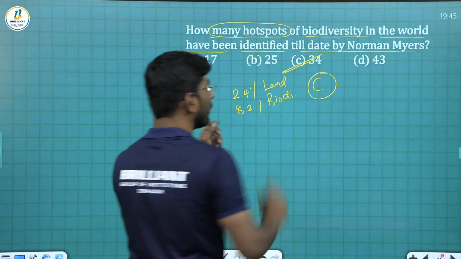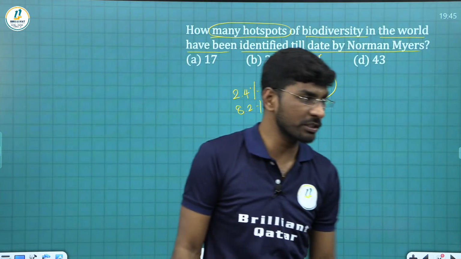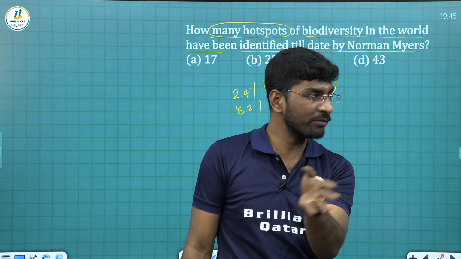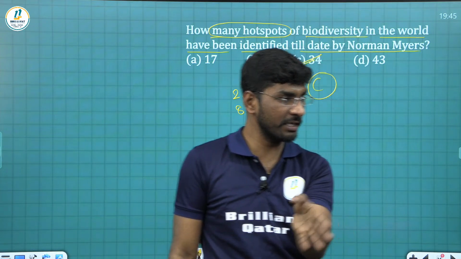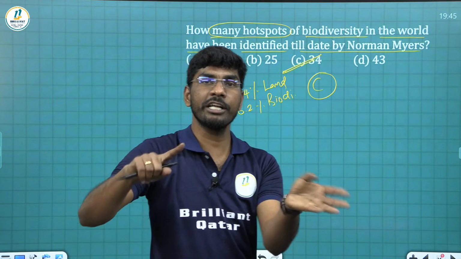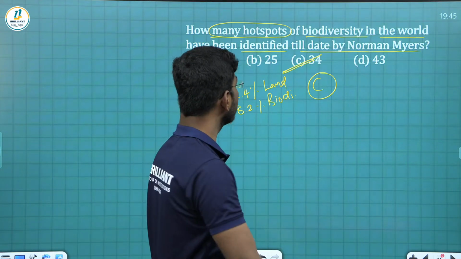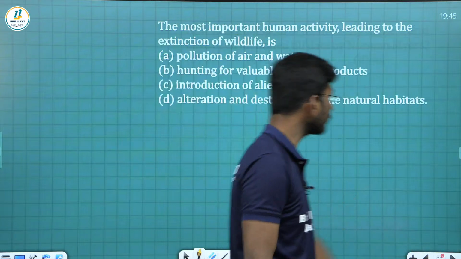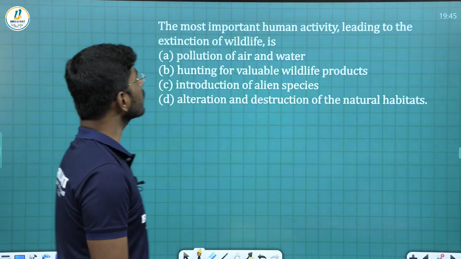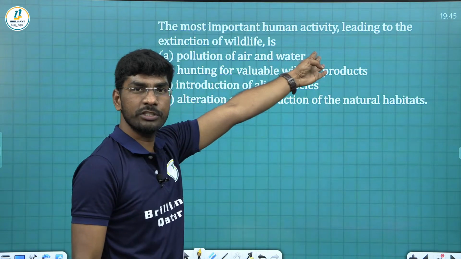Biodiversity. Because of this, India is a mmegadiversity country. 25, and after that 9 more added. NCERT has given 25 plus 9, 34, right? Now 34 is given, beta, right? Good. So answer is what? 34.